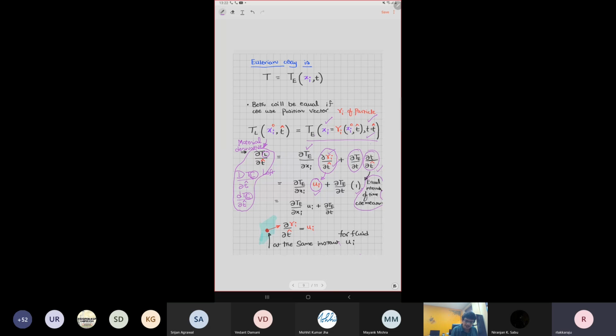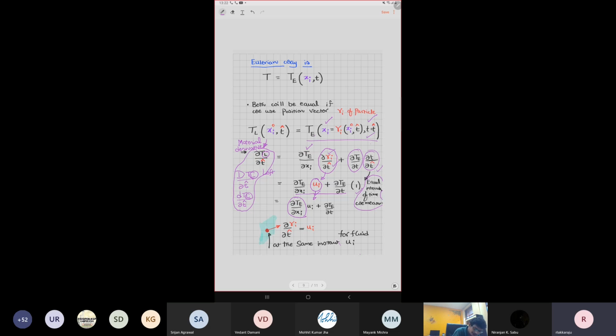Now this top expression simplifies to del T by del Xi multiplied by the Lagrangian velocity of that particle, the Porsche car, at that given instant of time, which we are perceiving as Eulerian. They are one and the same at that given instant of time.